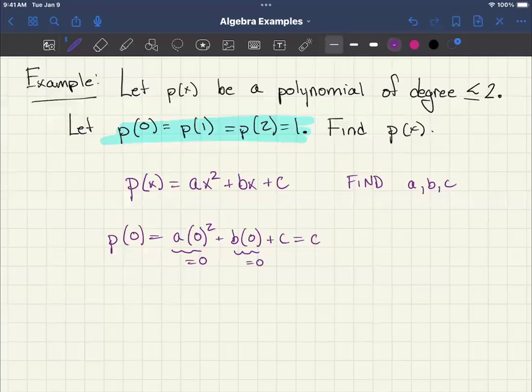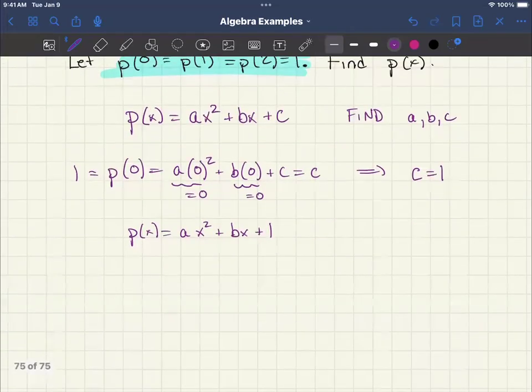And we know that is equal to 1 because of what we have highlighted above. So that tells us that our c value is equal to 1. So we know one piece of our polynomial already: p of x is equal to ax squared plus bx plus 1. That narrows it down a little bit.